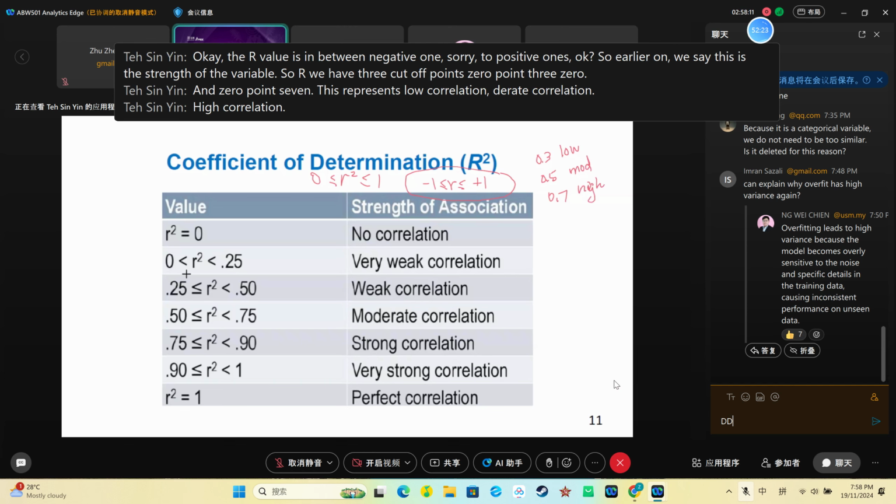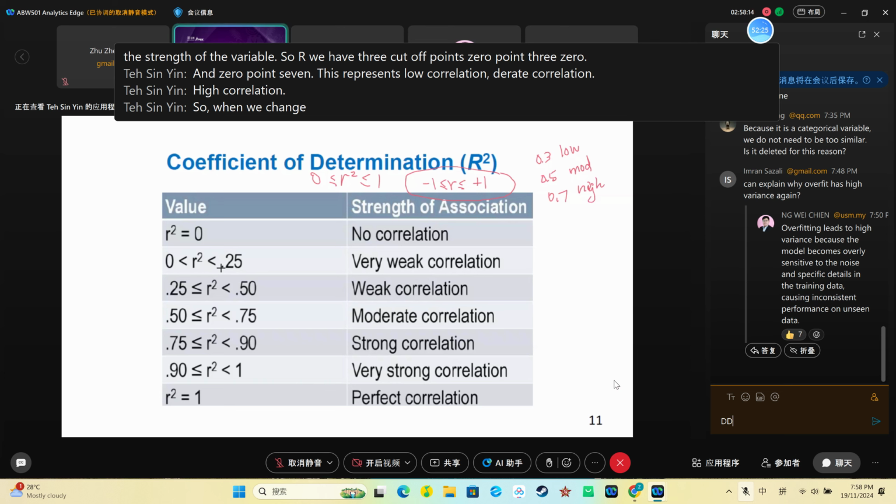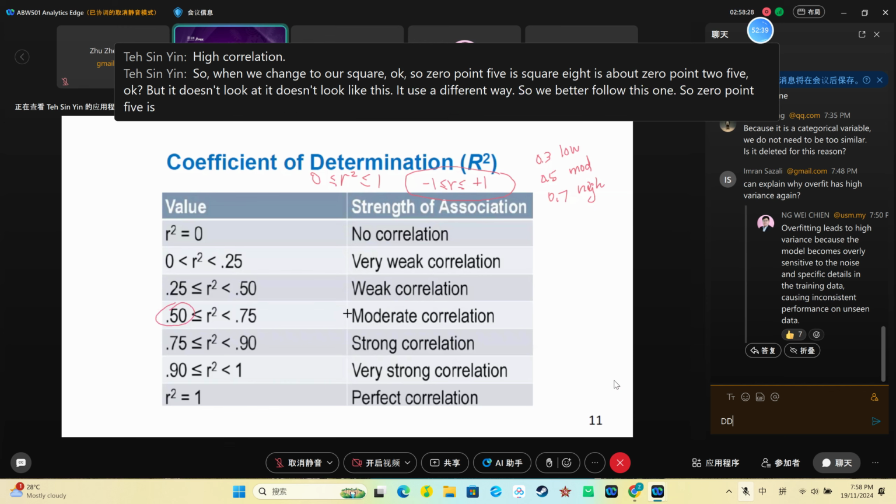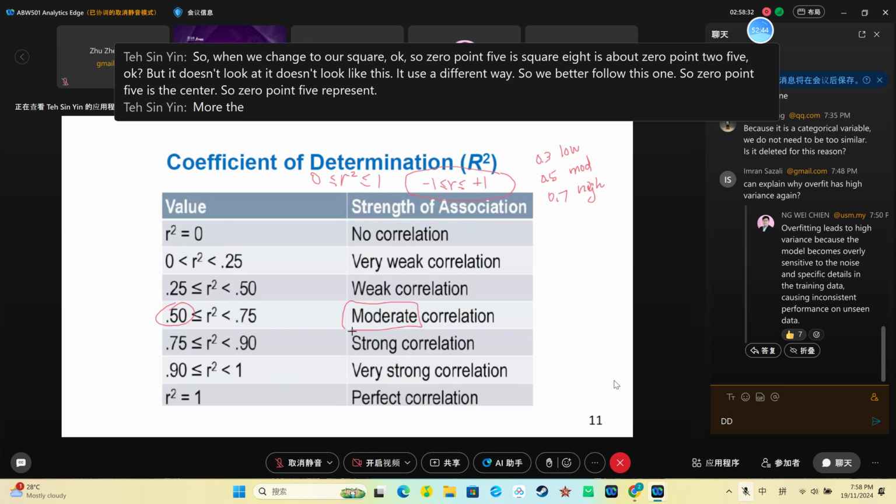So when we change to R square, 0.5 squared is about 0.25, but it doesn't look like this. It uses a different way. So we better follow this one. So 0.5 is the center. So 0.5 represents moderate correlation based on the determination.